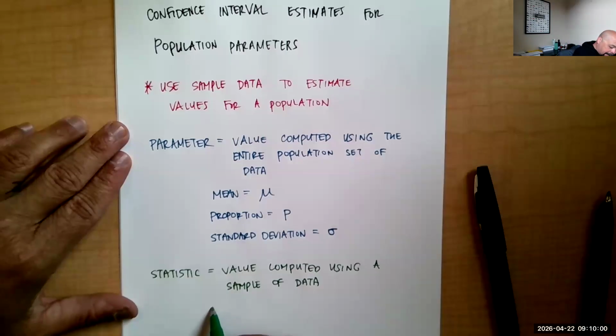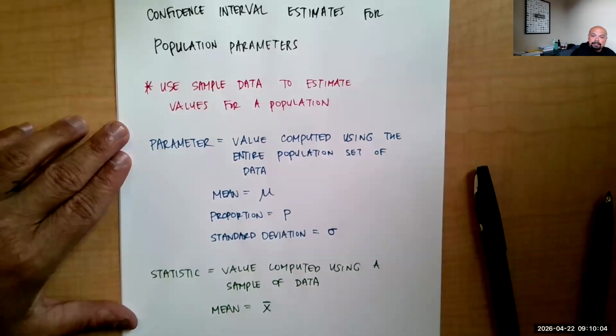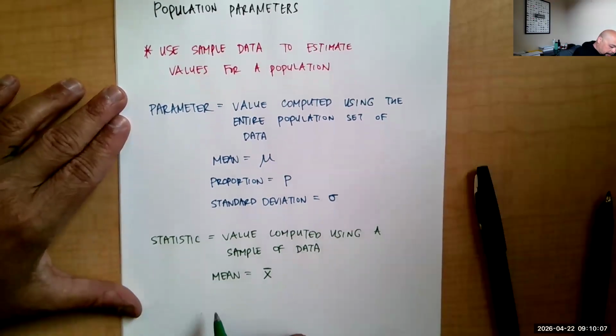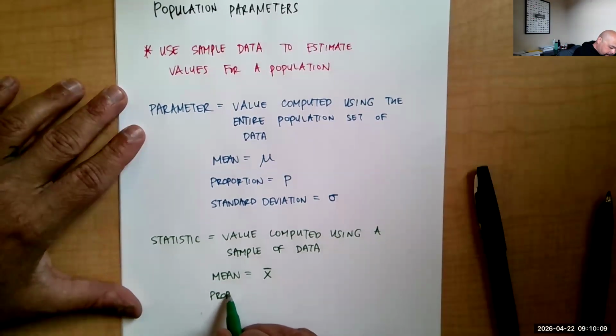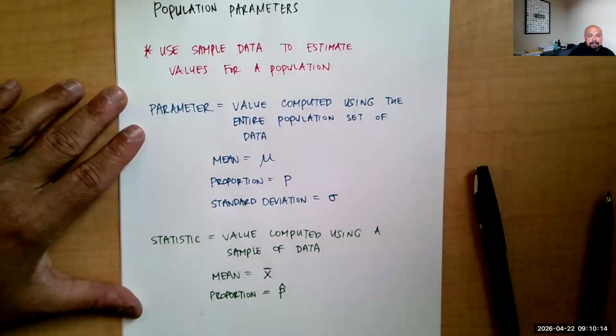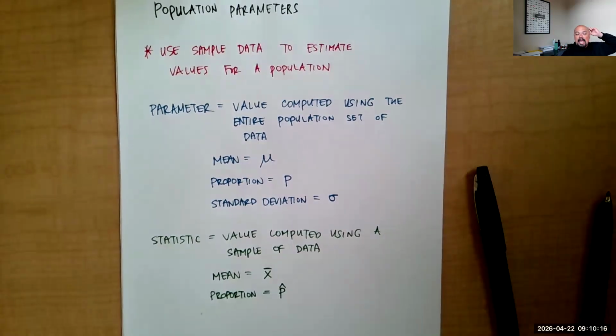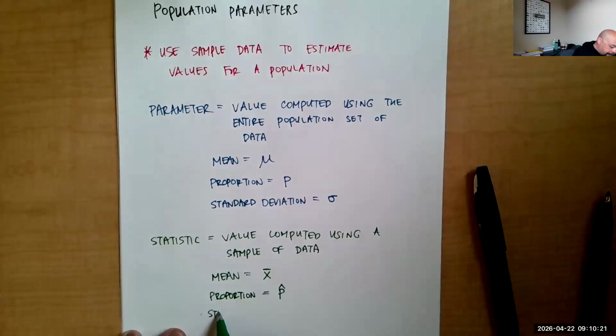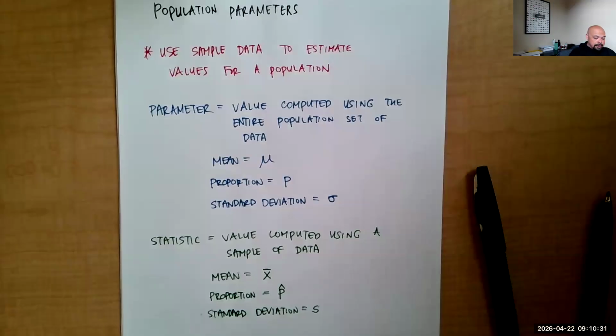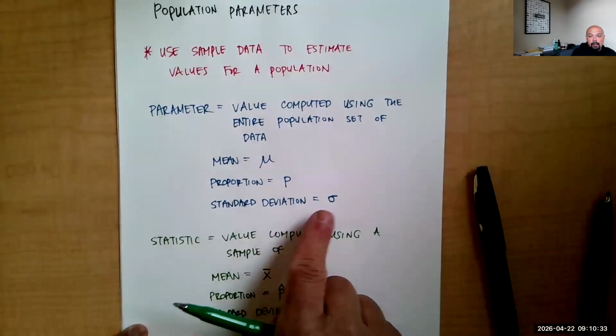In this case, that average, or that mean, for a sample is X bar. When we're talking about a proportion for a sample, that's P hat, how many people out of this sample have a particular characteristic. And then for standard deviation, we use the symbol S. And remember, the variances are the standard deviation squared.